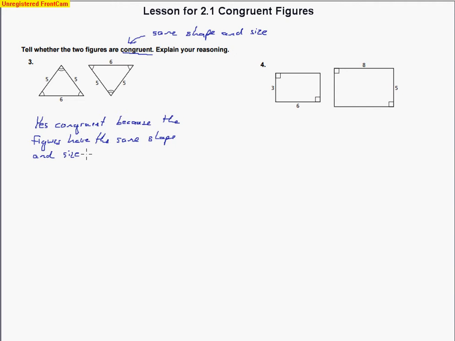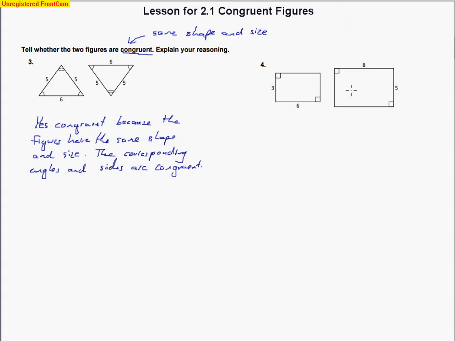Another way to say that is the corresponding angles and sides are congruent. It means they're the same. And since they're the same, then the figures are congruent as well.